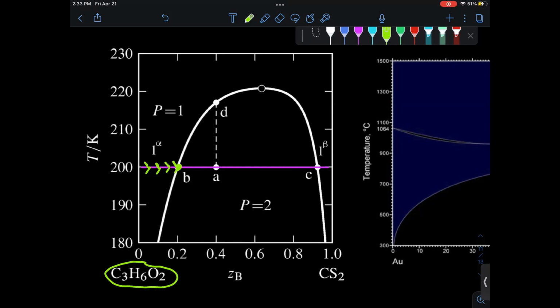When we get to this point, this solution containing the richness of the C3H6O2 is now supersaturated in CS2. And the CS2 rich region, which is over here, a CS2 rich solution is going to separate from a C3H6O2 rich solution. So we have two solutions.